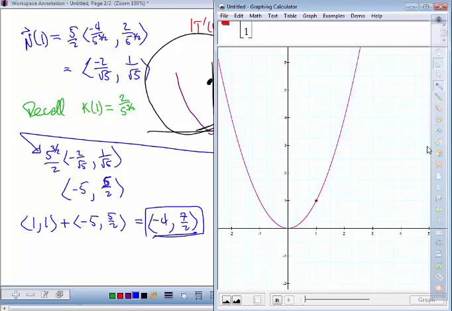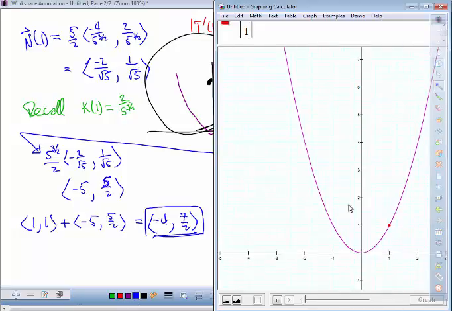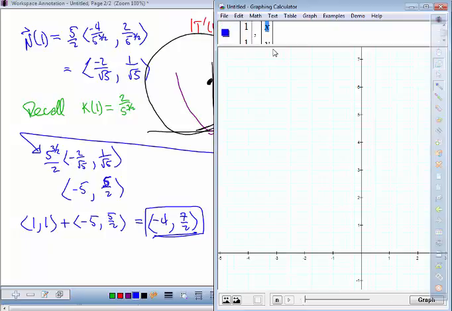So I have this point on my parabola. Now my unit tangent vector was -2 divided by square root of 5, and 1 over square root of 5.